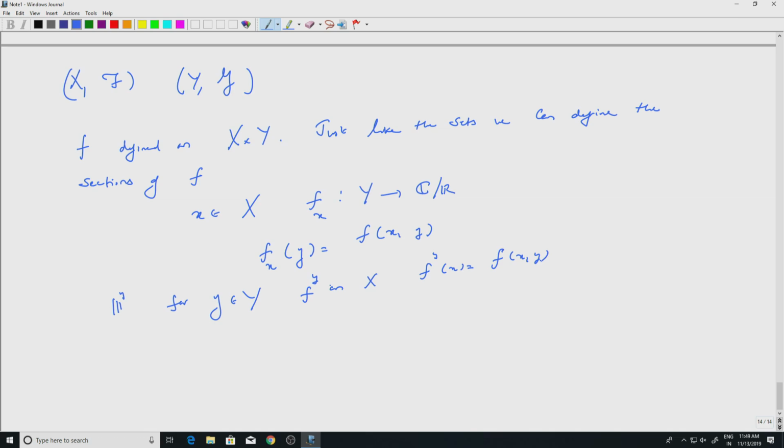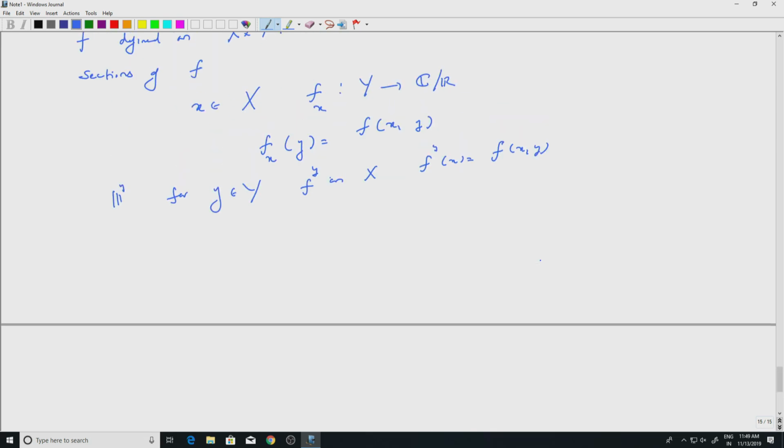So, this is what we did for sets, and we are extending it, because sets will give you indicator functions, and if you use indicator functions, you will see that they agree with the sections of the sets. That is a trivial exercise which I will leave to you.